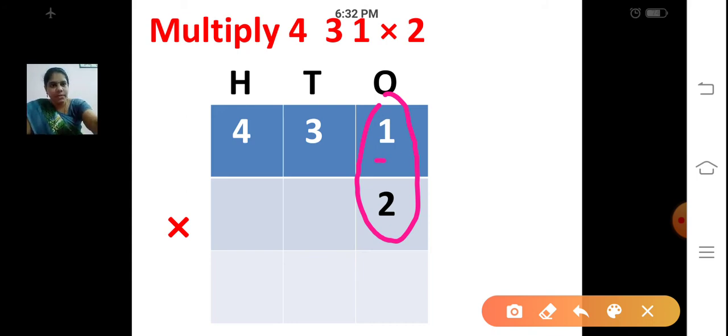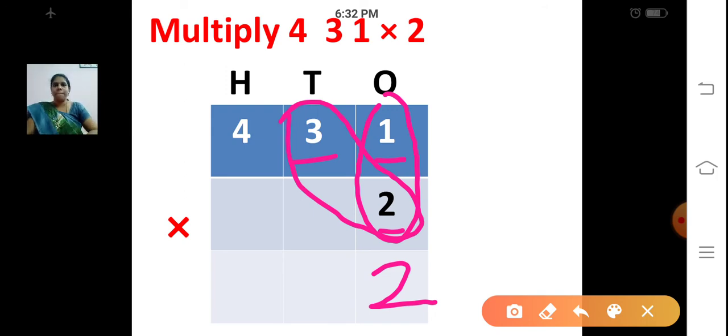First take this ones place and multiply it by this number 2. 1 two is 2. Write it down. Now second step, multiply the digit at the tens place by 2. 3 twos are 6. Where will you write it? In the tens place. So 3 twos are 6.